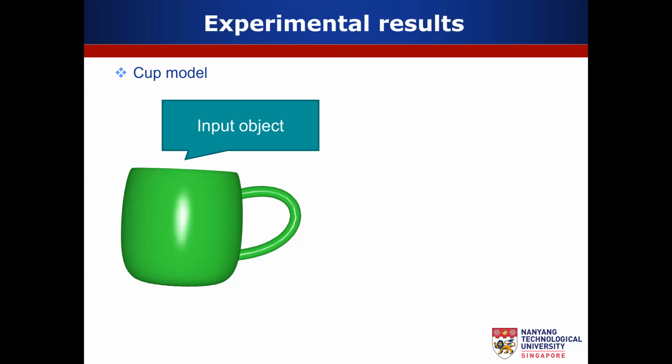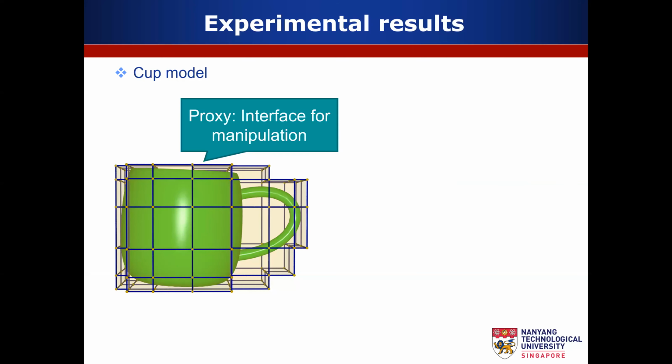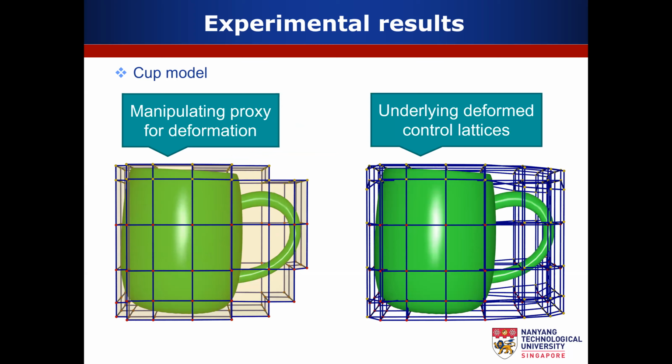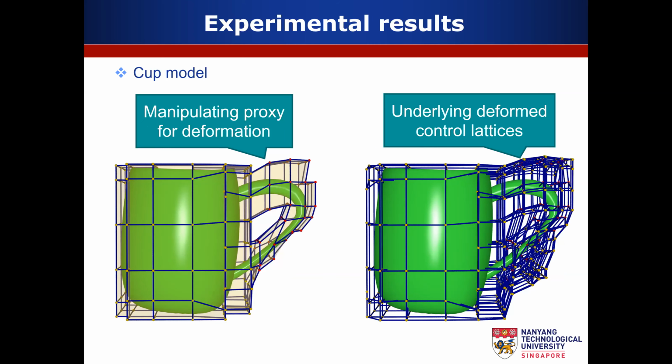In this experiment, given a cut model, we first construct the T-lattice. Then with the proxy, selecting and moving the control points is also simple. Sometimes the degree of freedom of the control lattice is not enough. We could insert more control points.